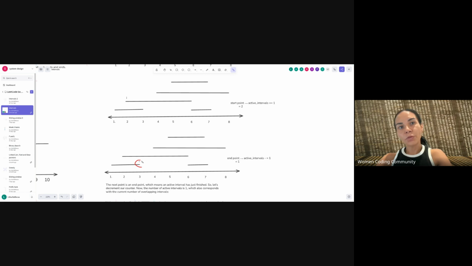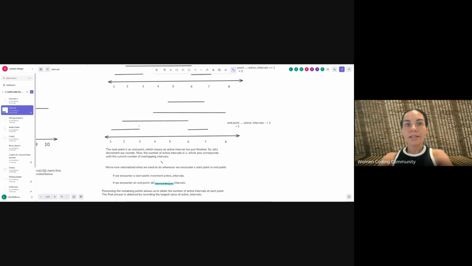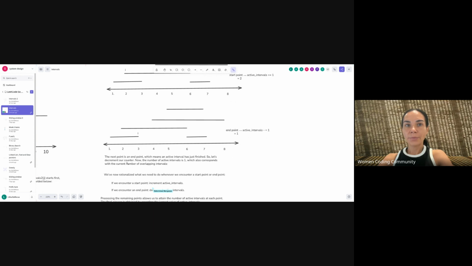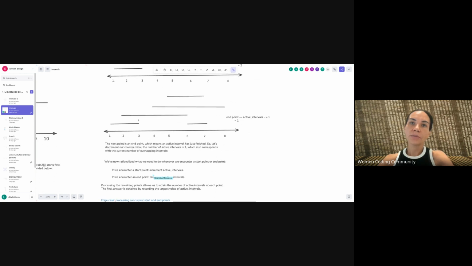Now we move here. We know this interval has actually ended. What we're doing here, we take active intervals and we decrement. Now we know there is only one interval which is active at this point. And that's how we move to the next one, which is an end point, which means an active interval has finished.